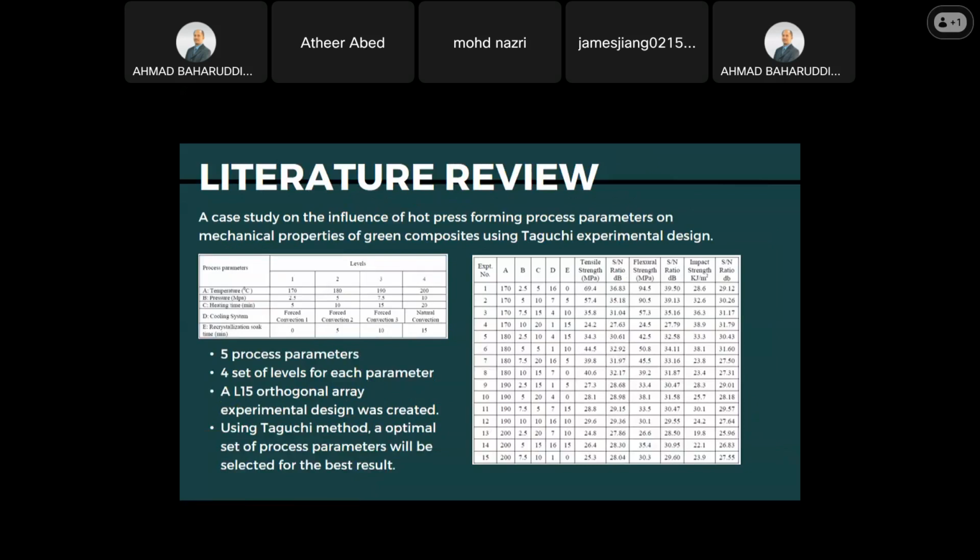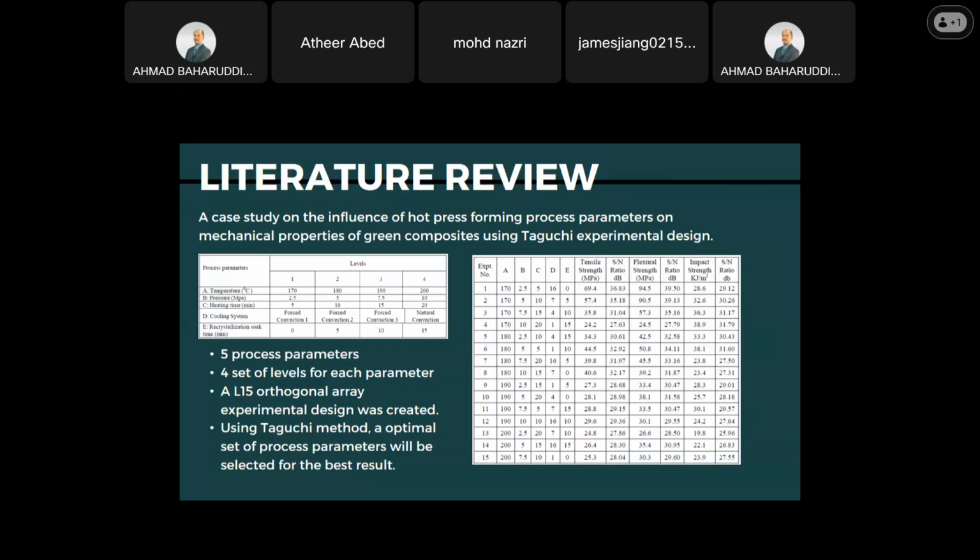As you can see right here, it's a bit blurry, but there are 5 process parameters in total, which are temperature, pressure, heating time, cooling system, and recrystallization soak time. And each of the process parameters has 4 different levels. So in total, there are 20 sets of process parameters.